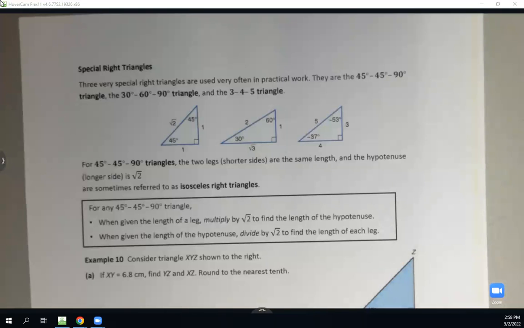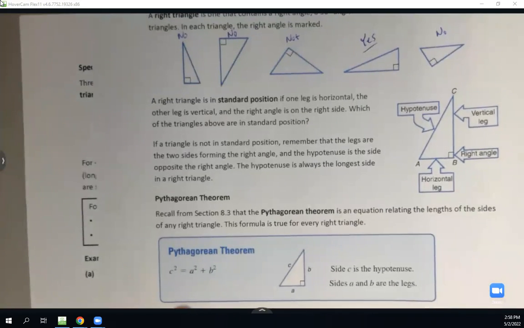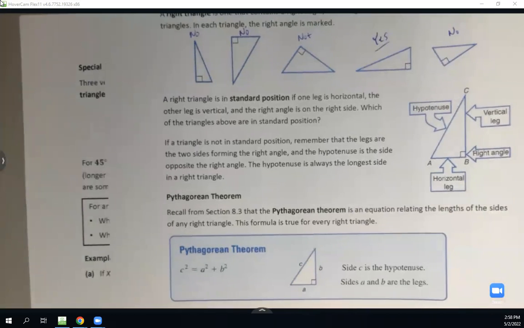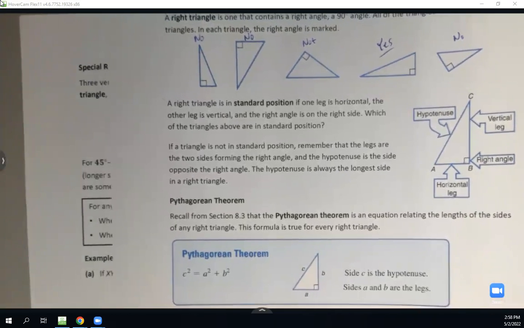Now, there are some special right triangles that if you remember and recognize them, you will not have to use the Pythagorean theorem. Okay, does that make sense? Now it doesn't work in general, but it works for some special right triangles.